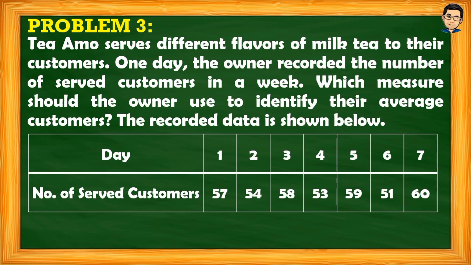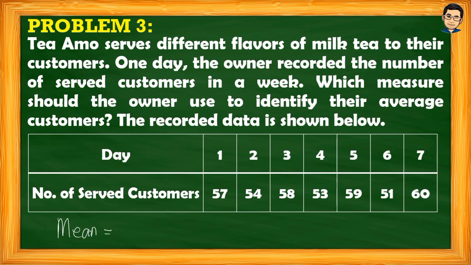Okay, so para ma-identify natin yung average customers dun sa Tiamo, ang gagamitin po natin dyan is yung mean. So, gagamitin natin ang mean dahil wala tayong extreme values, yung very small or very large values.